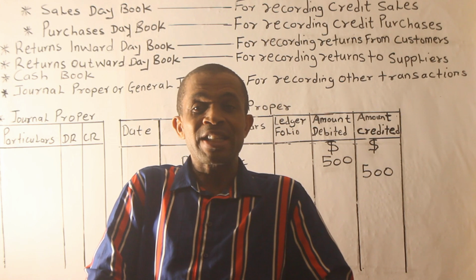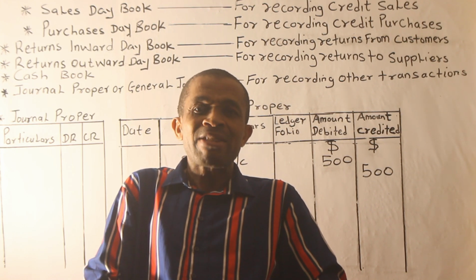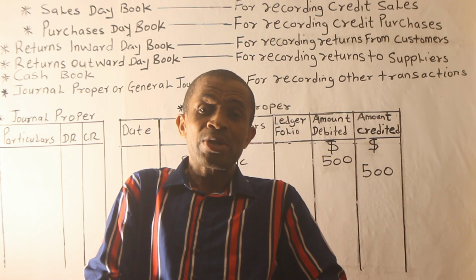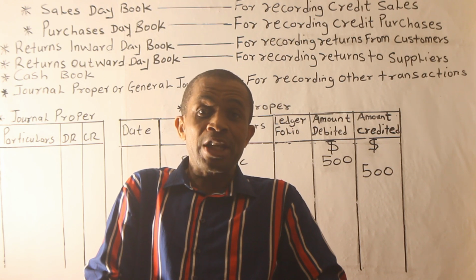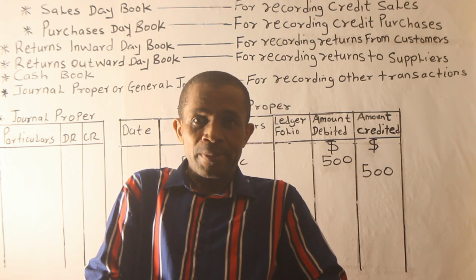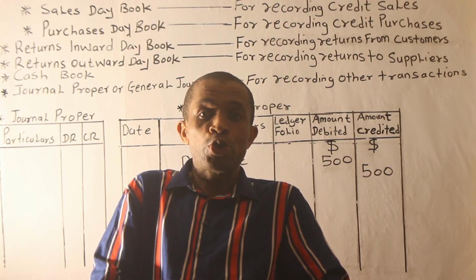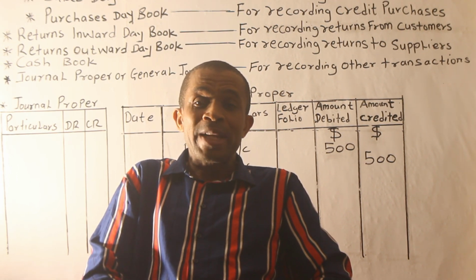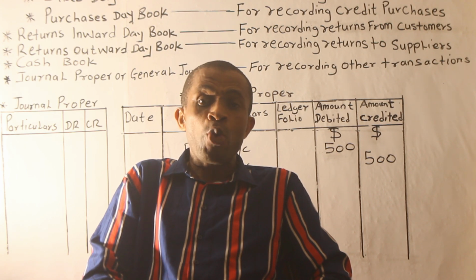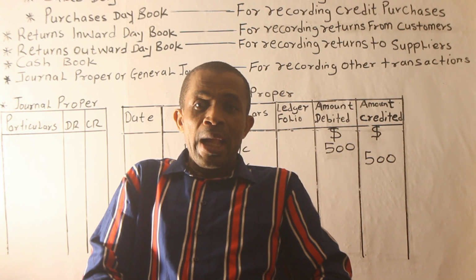Apart from the four transactions which relate to credit transactions, another transaction that occurs in a very large number is the receipt and payment of money. To prevent the ledgers from being cluttered up with too many details, the cash account and the bank account are taken out from the ledger and combined in one subsidiary book known as the cash book.